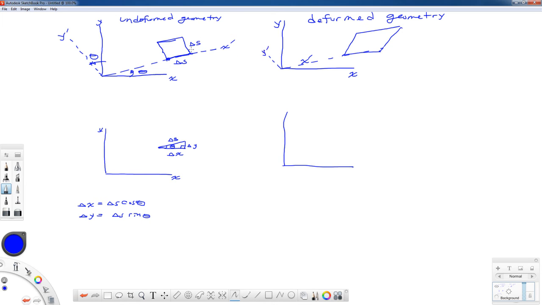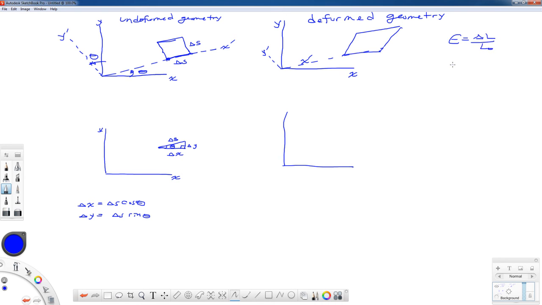Now when I stretch a material, I know that the lengths of this side of the block are going to change a little bit. So this was originally the side length delta s, and that was originally in the y direction. Let's talk about strain in general. We know extensional strain is the change in length divided by the initial length.